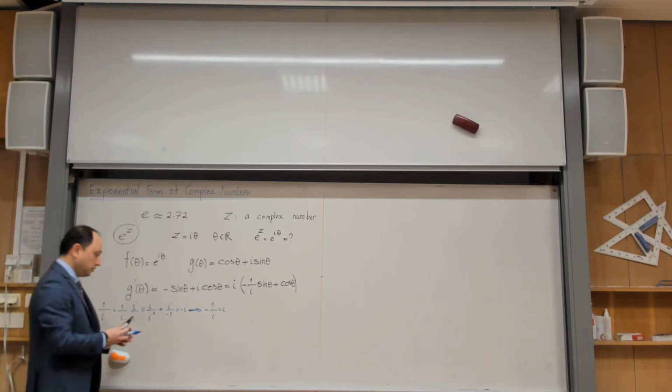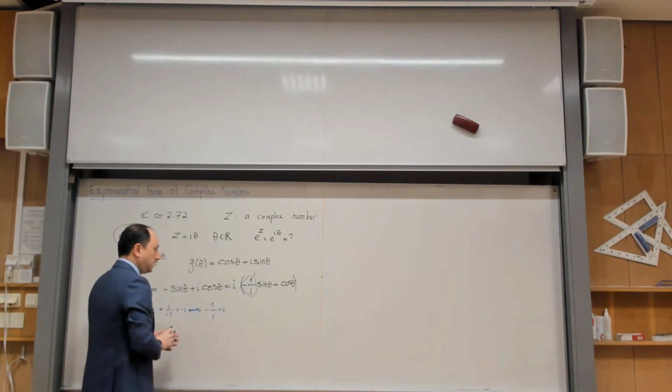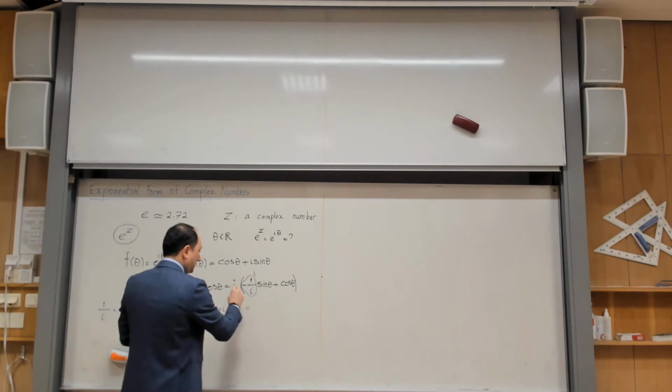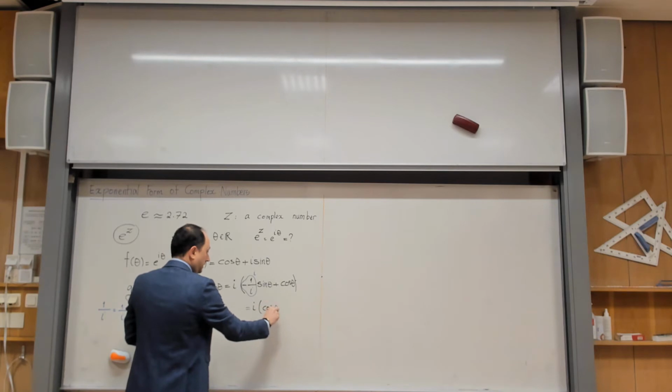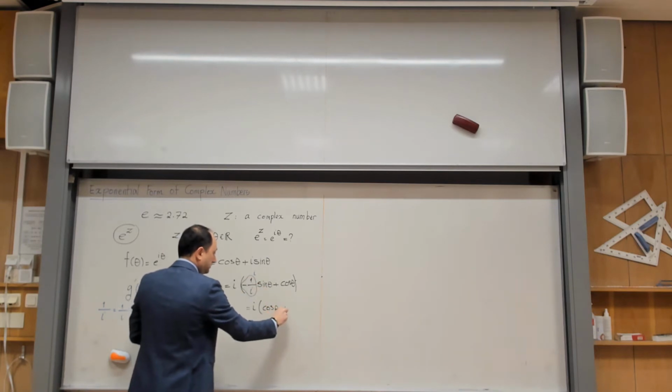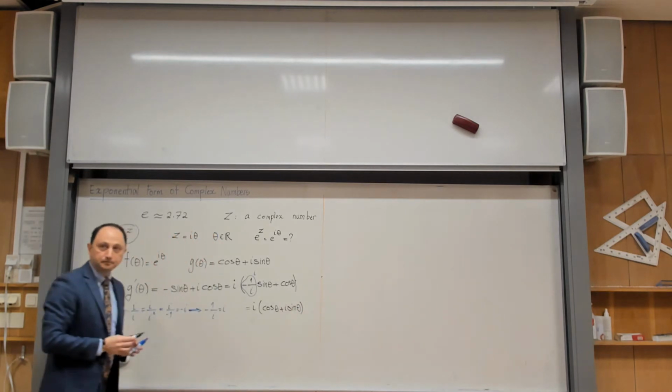Then I can go back and replace this with positive i again, and I rearrange it, meaning that I write this one first, and I write this one, and then i sin theta. Yes?